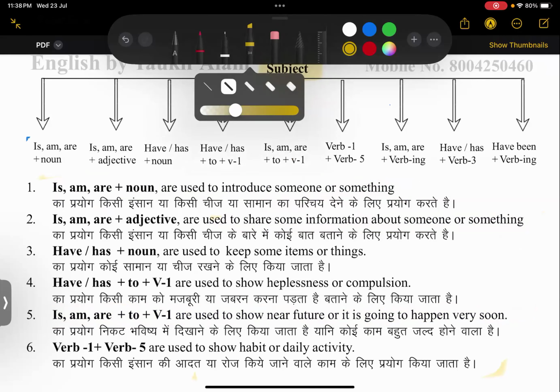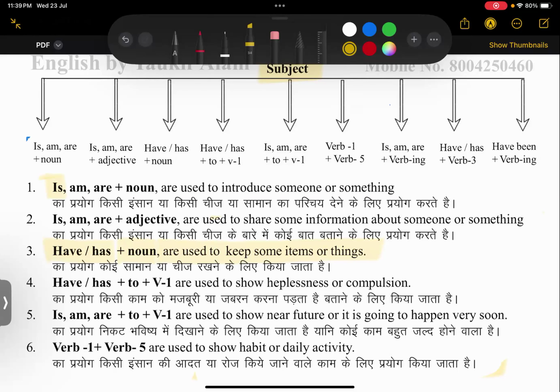Well, have, has plus noun are used to keep some items or things. If you want to talk about keeping some items or things, in this situation you will use have or has plus noun. For example, if you want to say that you have a mobile, you keep something like a laptop, like chairs, and like a purse, anything, you will say I have, then you will speak that noun.